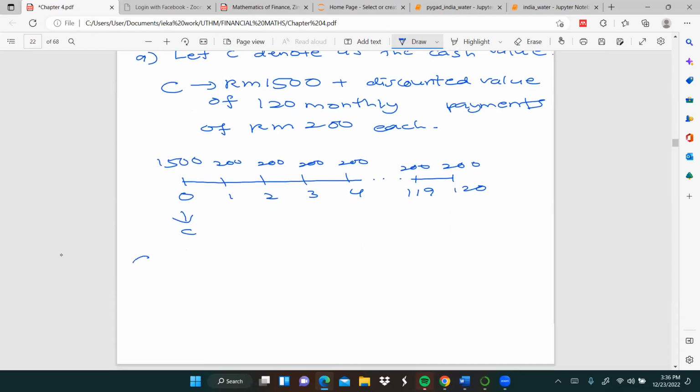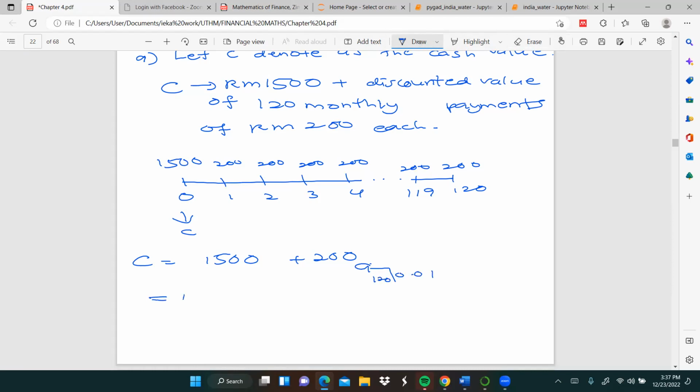So we have C is equal to 1,500 plus 200 times the discounted value A at angle 120, 0.01.